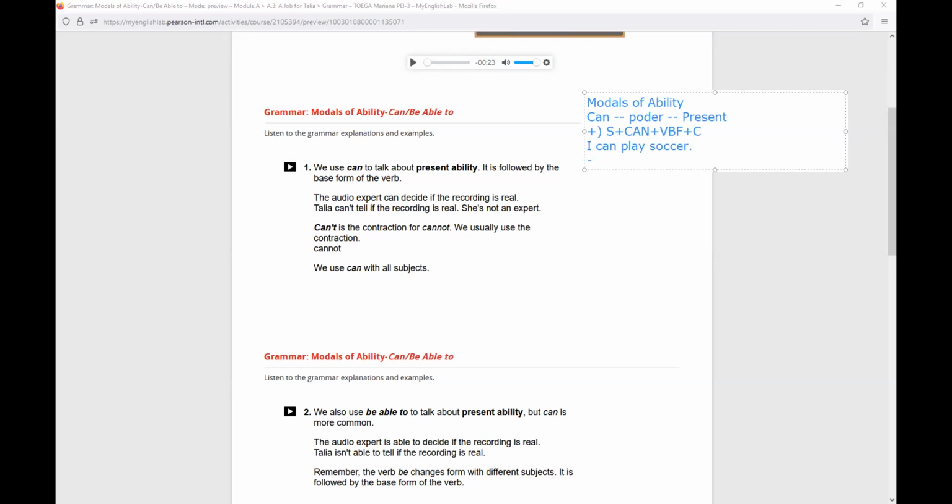In negative, the structure is going to be the same, but we can use with contraction or without contraction. Cannot or can't, okay? So cannot or can't.